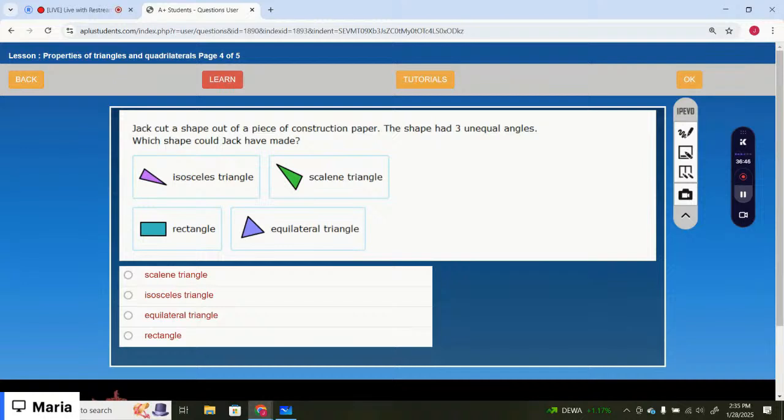So the unequal sides means that is the scalene triangle it is.